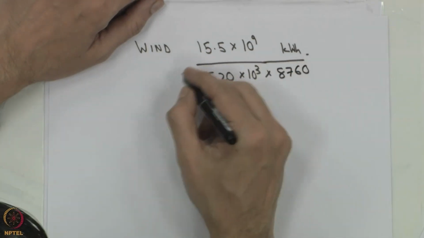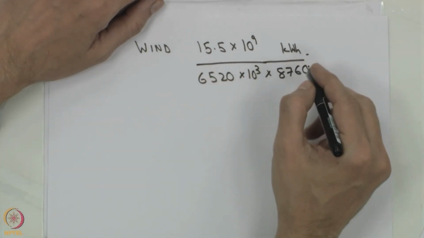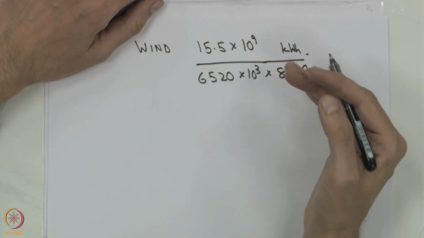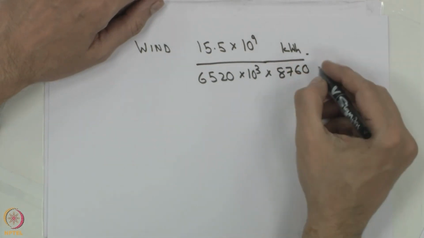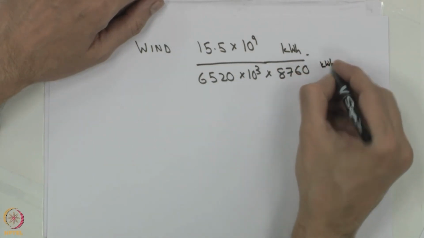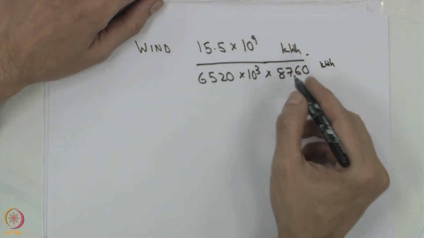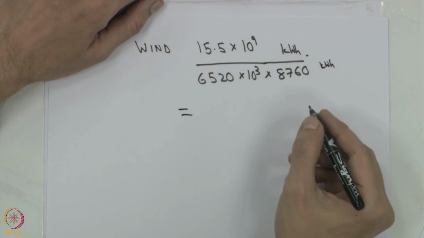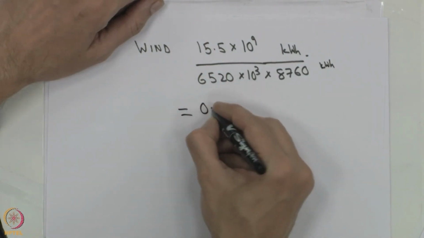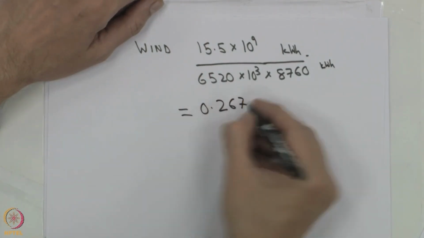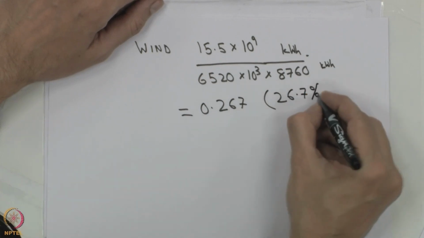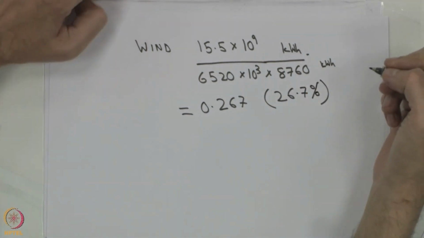This is the maximum generation possible if all the wind capacity is operating continuously at its rated value, also in kilowatt hours. This becomes the capacity factor. You can calculate this and you will find that it turns out to be 0.267, 26.7%.